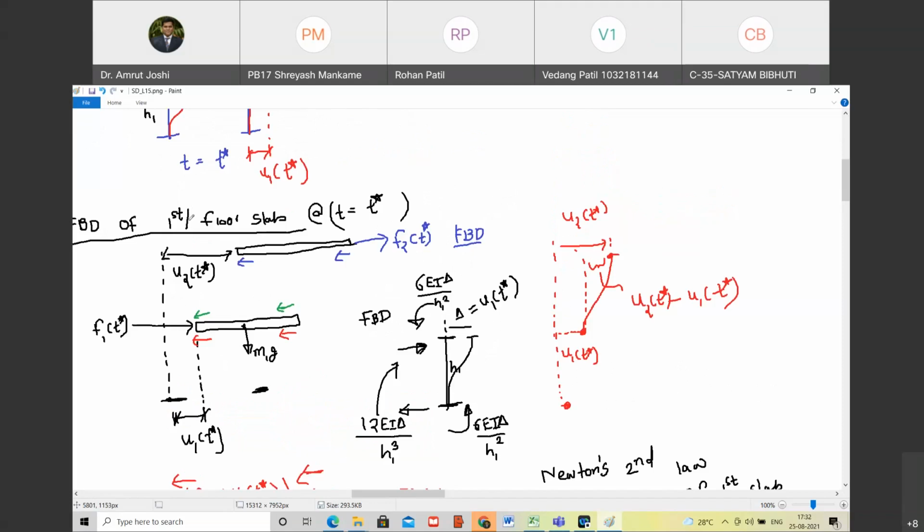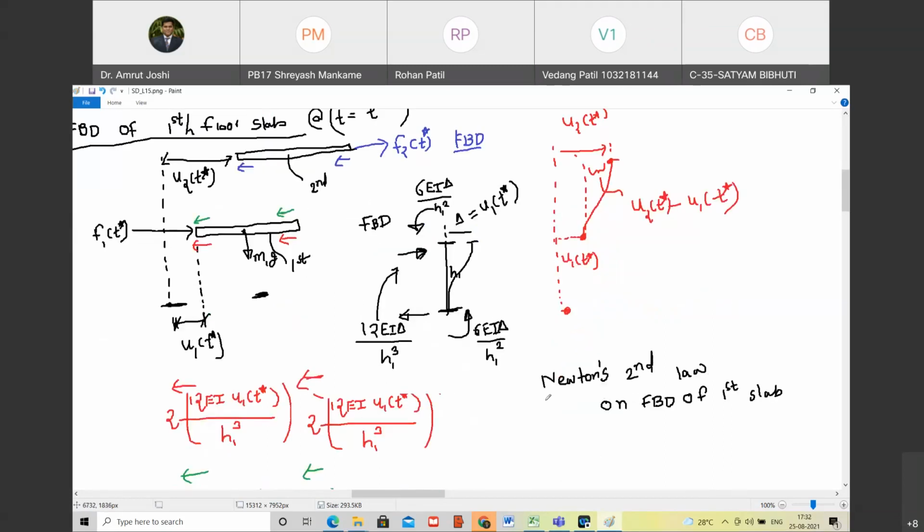Yes, sir. So here we are showing the FBDs of both the first and second slabs. I am going to call this the second slab and this the first slab. Happy? Yes, sir. We are going to apply Newton's second law in the x direction. Happy? Yes, sir. Let's look at this diagram.